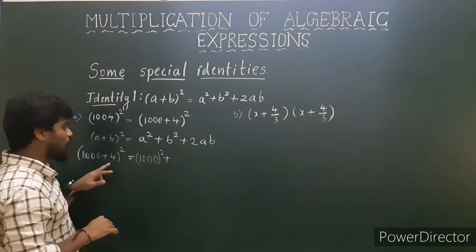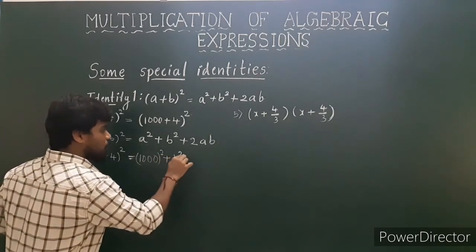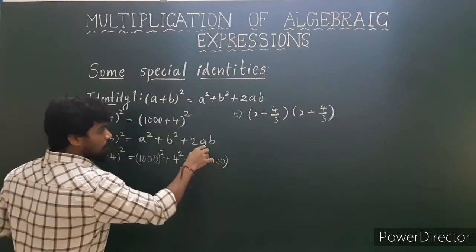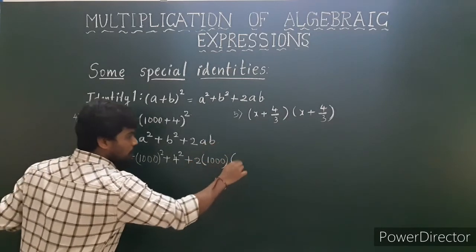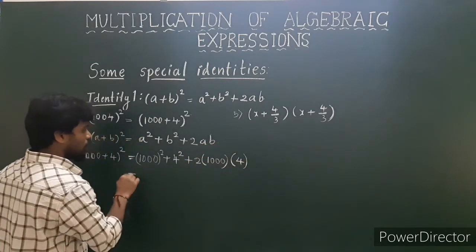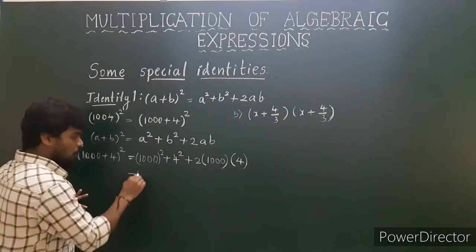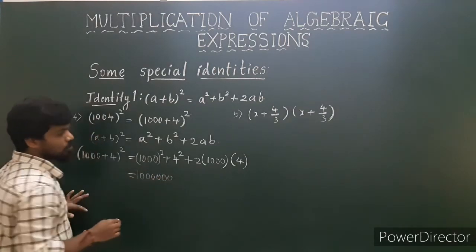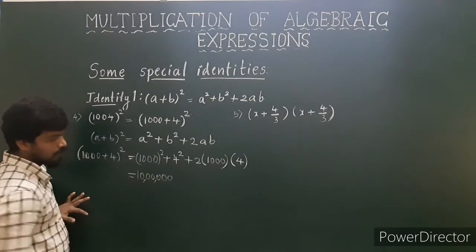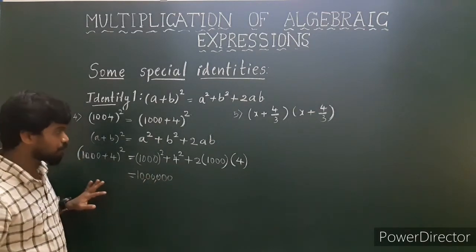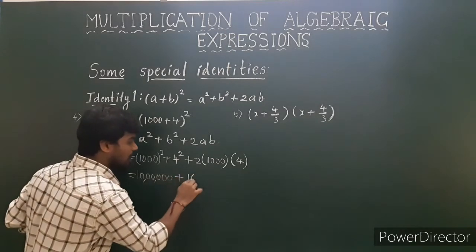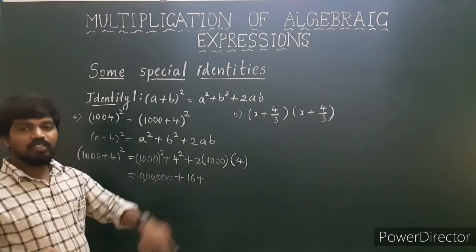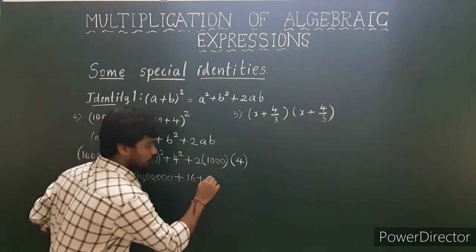So substitute here: 1000 square plus b square, that is 4 square, plus 2 into 1000 into 4. 1000 square means 1 and 6 zeros, that means 10 lakh. 4 square you have 16, and 2 into 1000 is 2000, 2000 into 4 you get 8000.